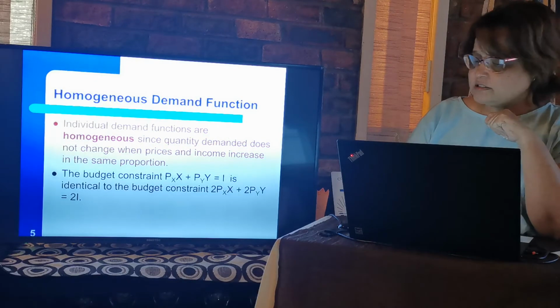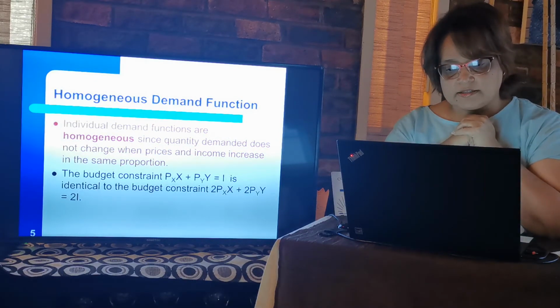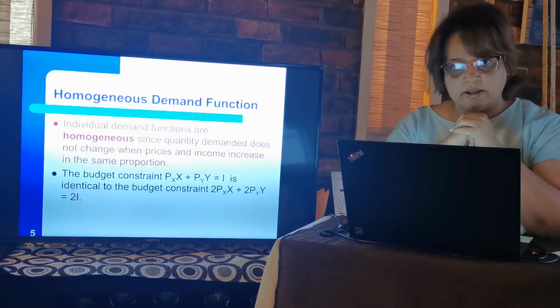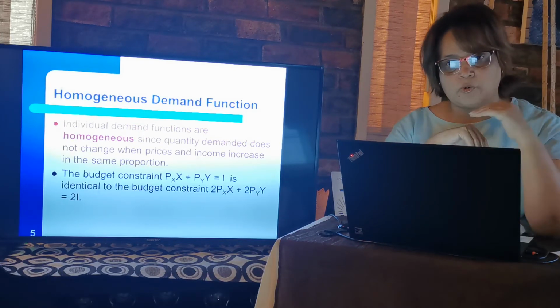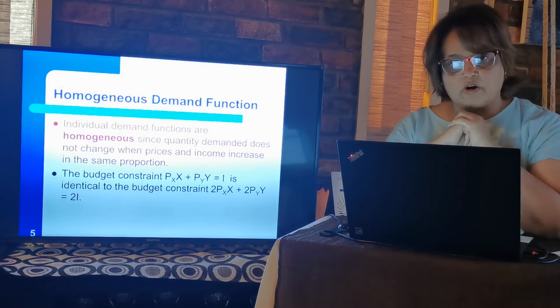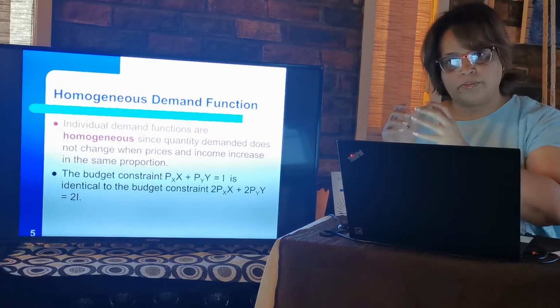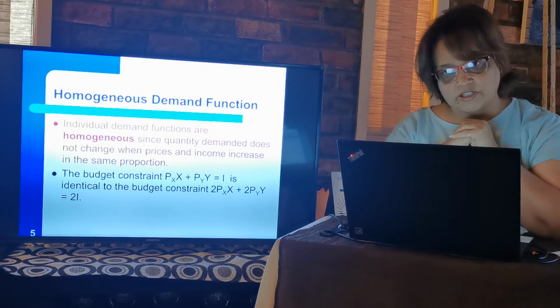The budget constraint. Now we're looking at the price of X plus the price of Y equals your budget line. So what you're going to buy will be determined by your income. Whatever amount you buy of one specific item and how many you demand of another specific item will be determined by your budget line.